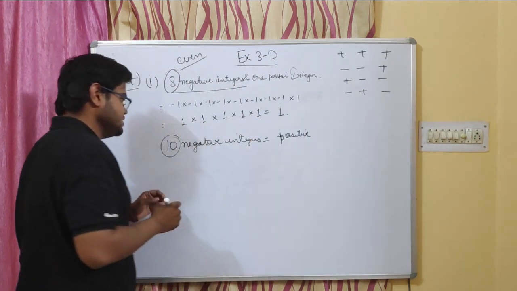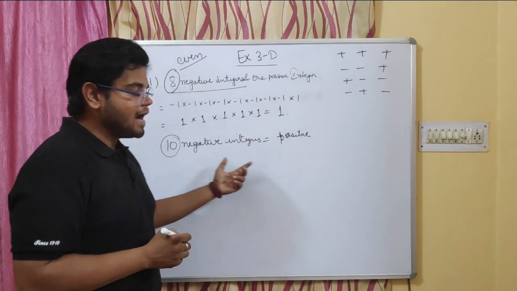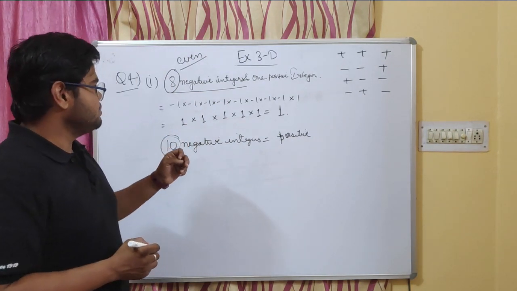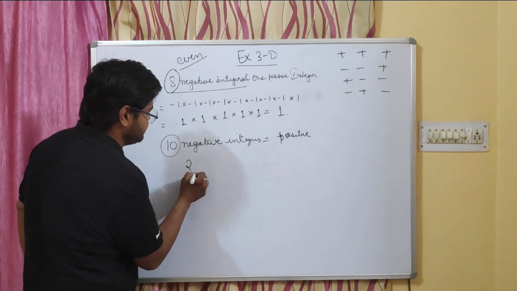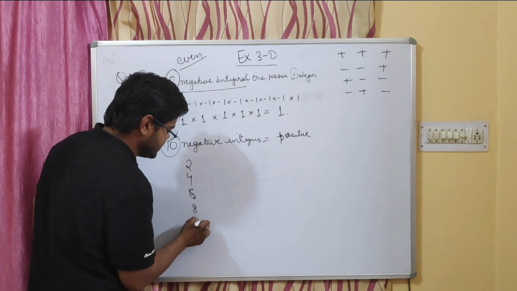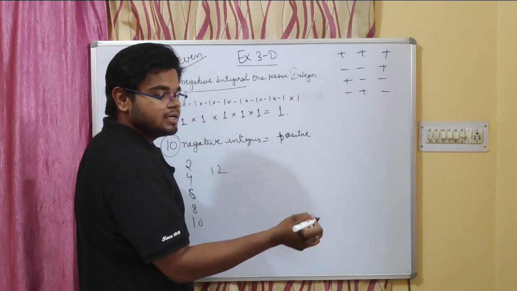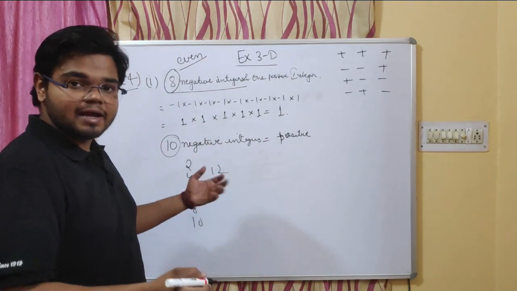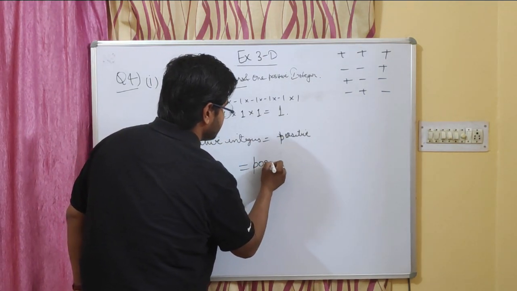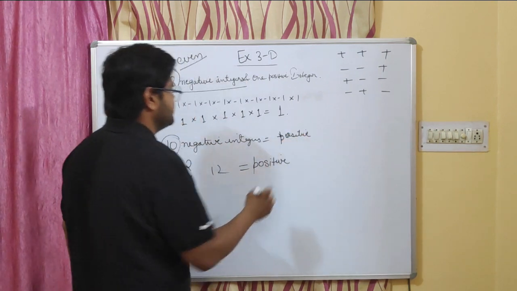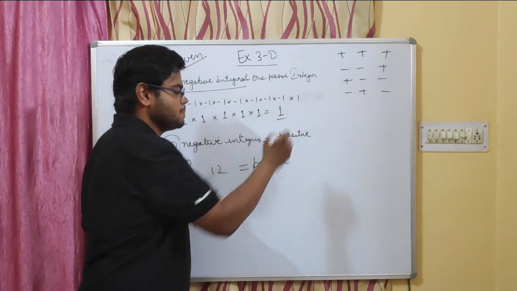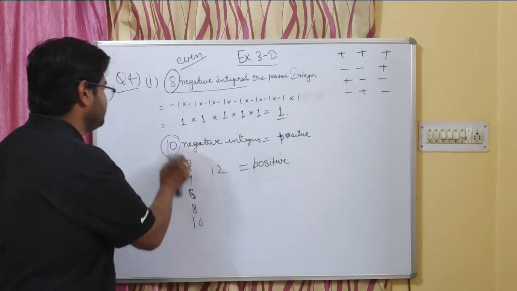What I am trying to say here is, if you have 2 negative integers, 4, 6, 8, 10, 12, any even number of negative integers which are multiplied together, the answer will always be positive. So 8 negative integers and no positive integers will give us what? A positive integer.